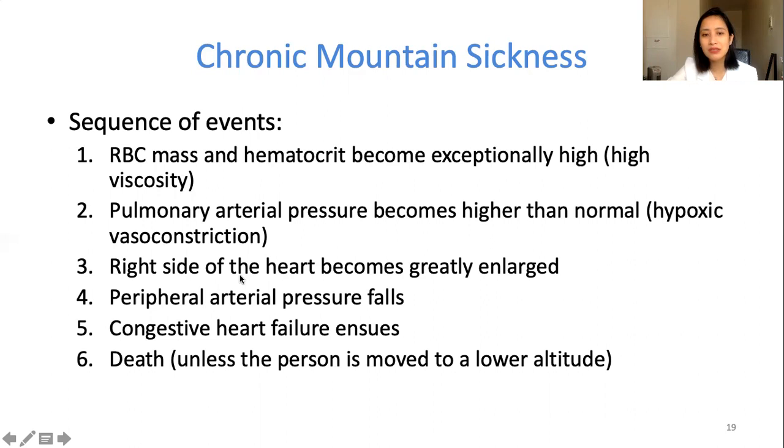And because of this, it can cause right-sided heart failure. And the peripheral arterial pressure falls, and with congestive heart failure, because the right side of the heart cannot pump against a constricted pulmonary system. This can result in death unless the person is moved to a lower altitude.